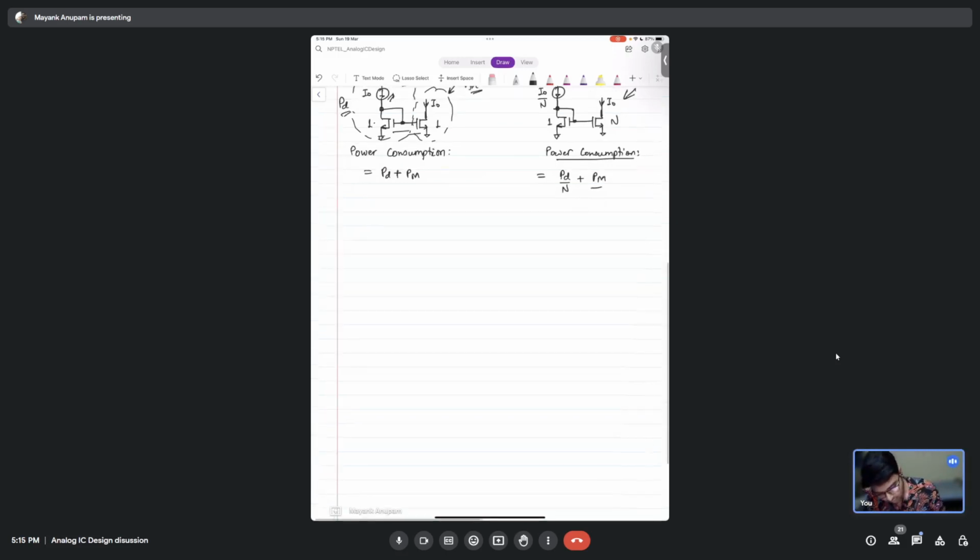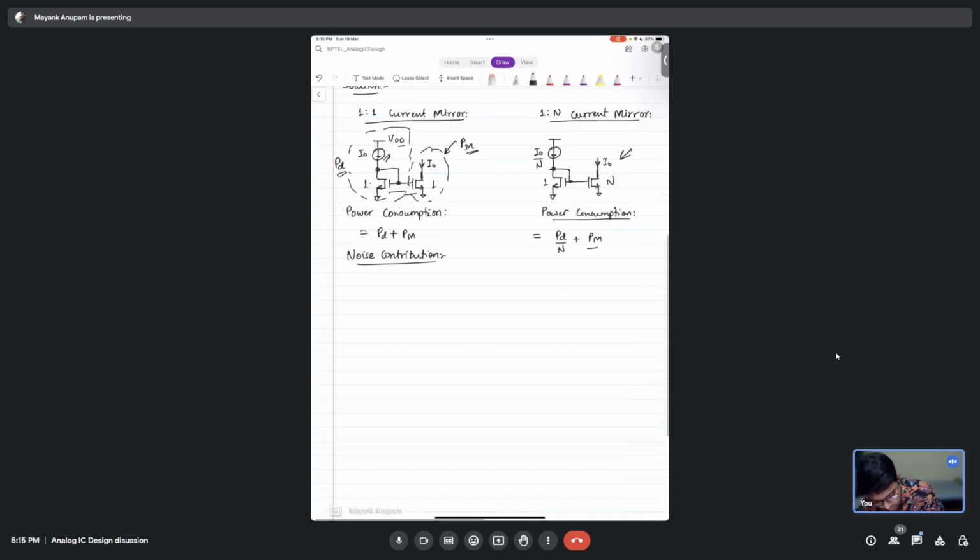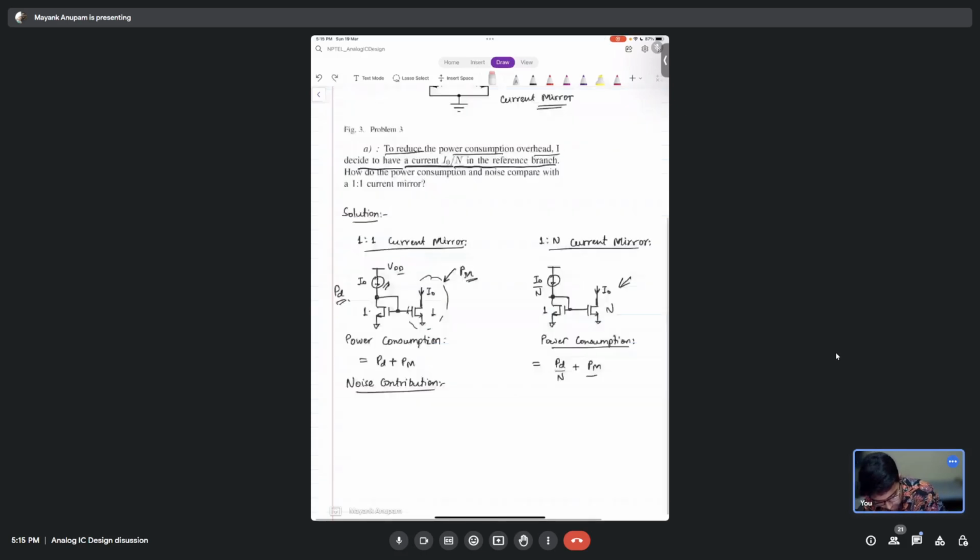Yes, correct, sir. Now let's talk about the noise contribution. So tell me, what is the noise in both of these? First of all, identify the noise sources.